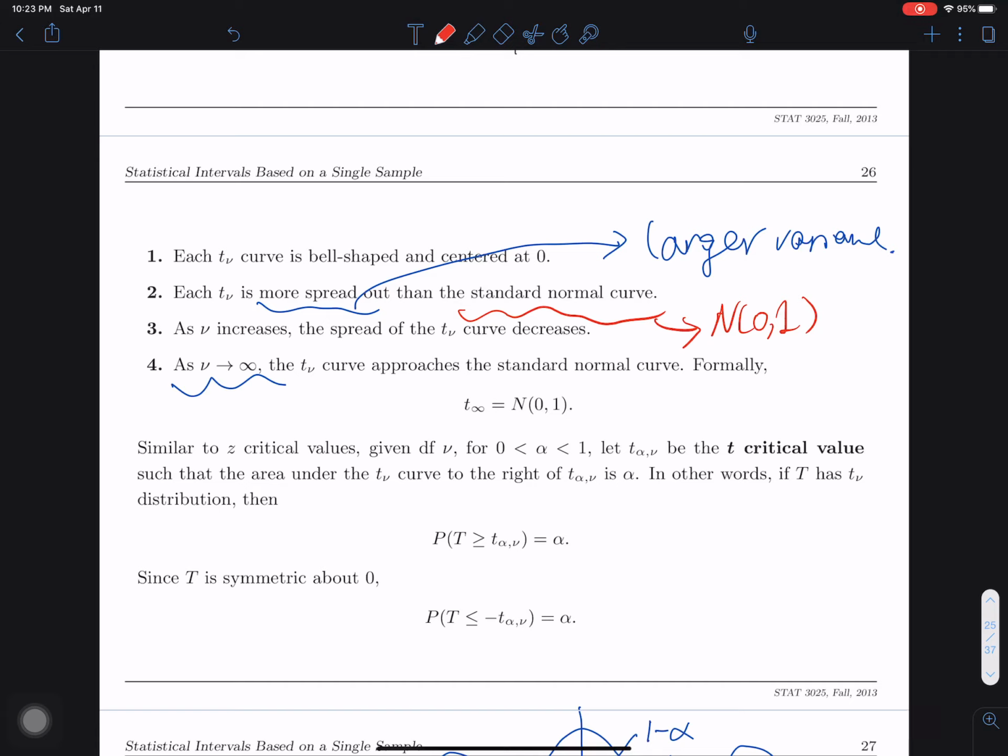So if this is a t distribution with degrees of freedom nu, and this point is a point such that the area to the right is alpha under the curve, then we call this quantity t alpha nu.